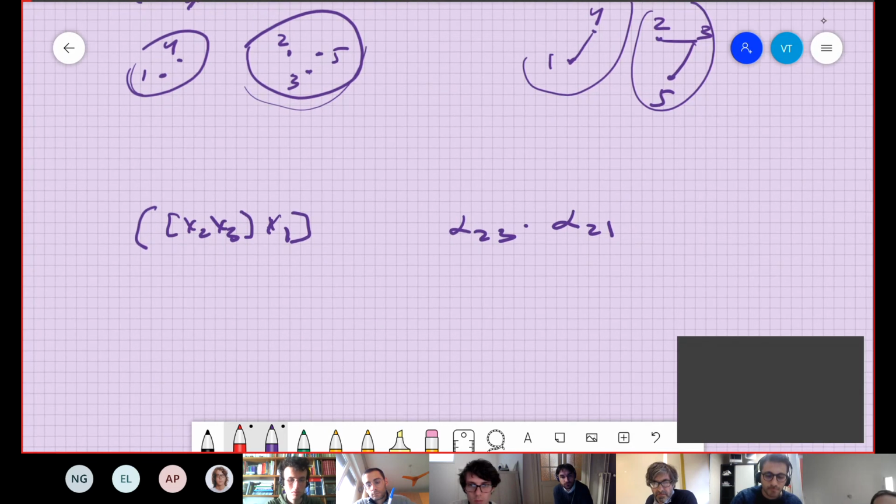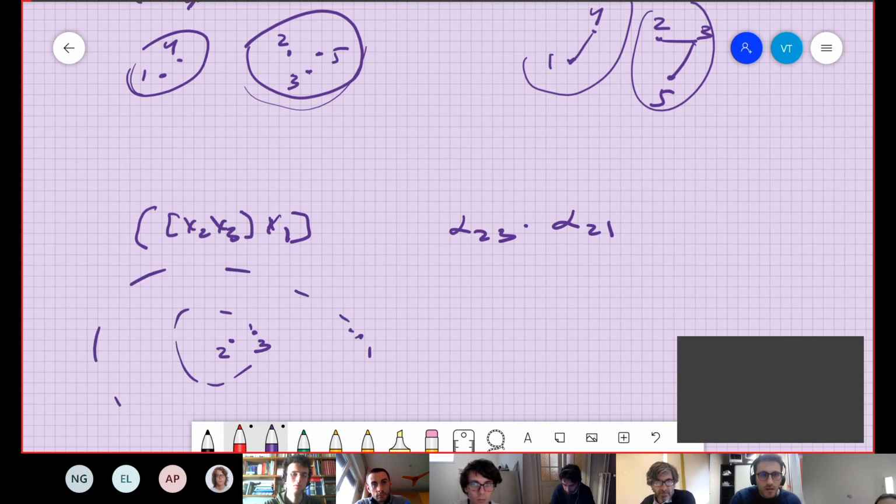But you remember that our configuration is that point 3 goes around point 2, right? And point 1 goes around both of them. You can assume that this part is very small, really tiny, right?